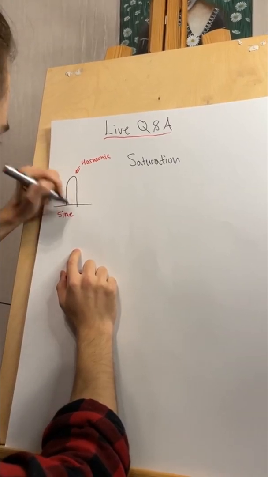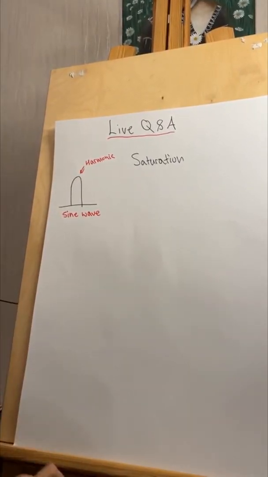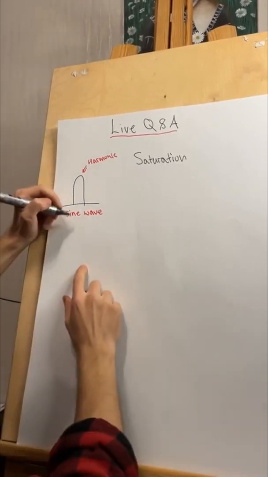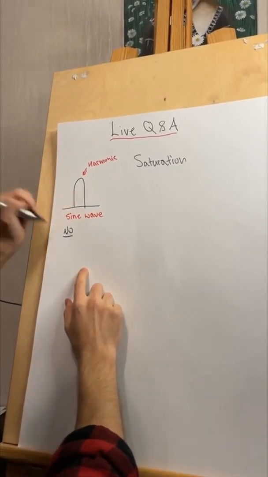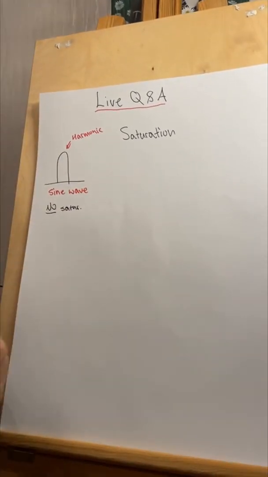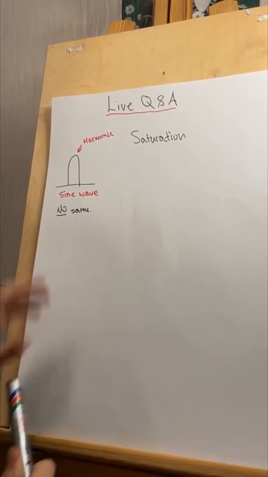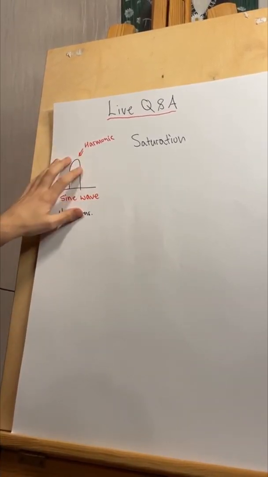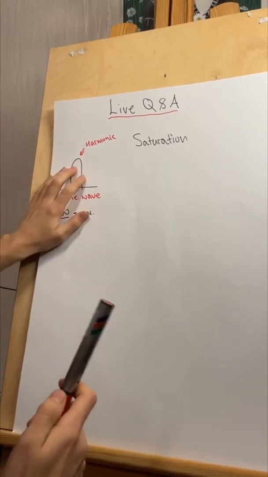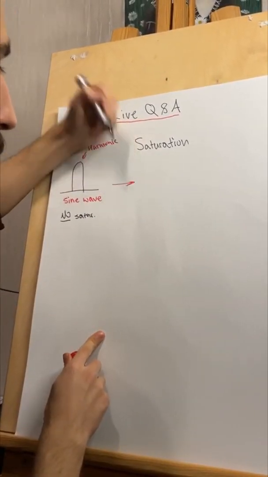This is without any saturation, so this is no saturation. And this is what is going to happen when we apply saturation to the sound. Let's say this is the sine wave, so from that, it's going to look like this.